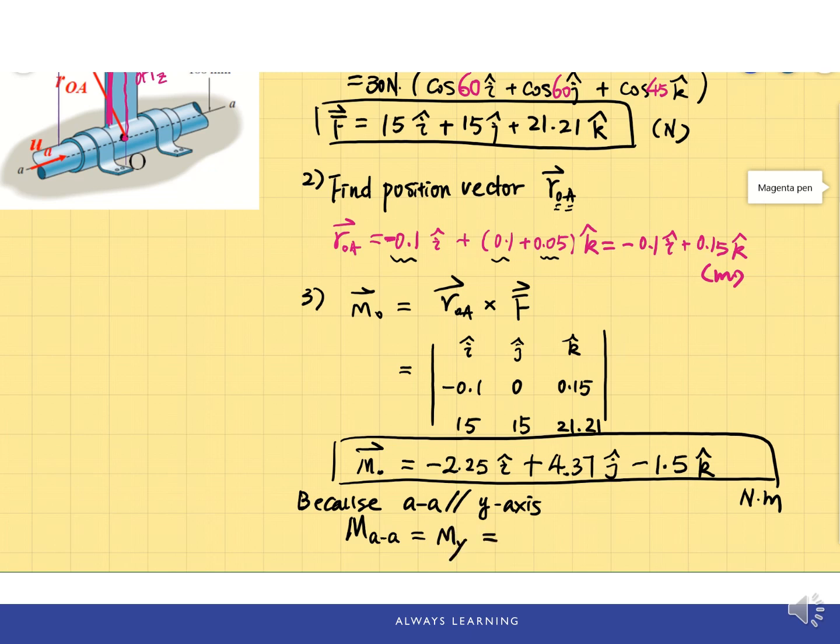So it will be simply the y component of this MO we just calculated. So it's 4.37 Newton meter. And that is my final result.